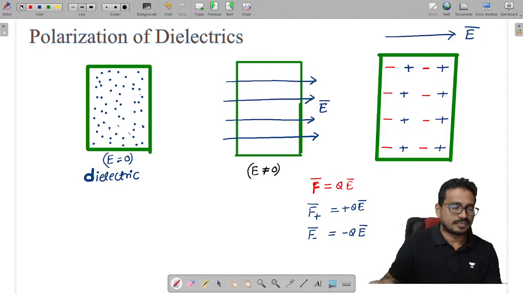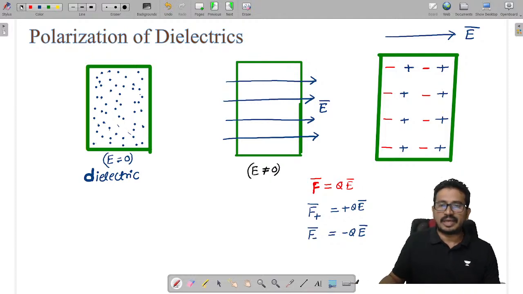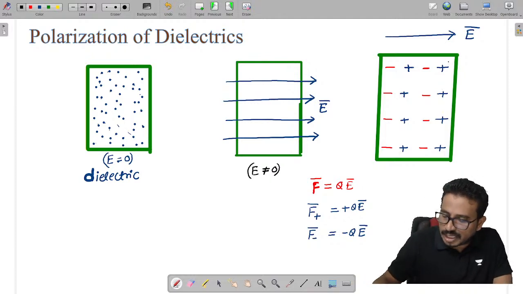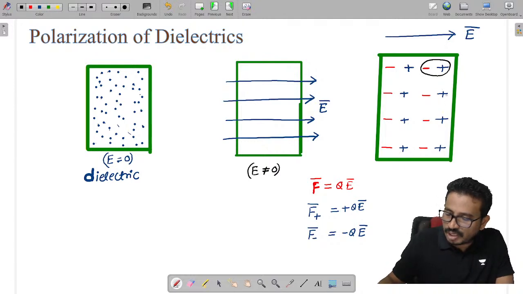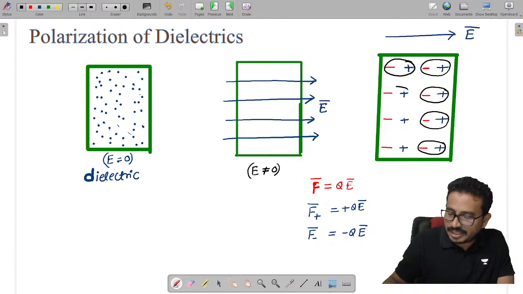Now you see what is going to happen. As a result of this, pairs of positive and negative charges are formed. If you observe carefully, a pair of positive and negative charges is formed like this.